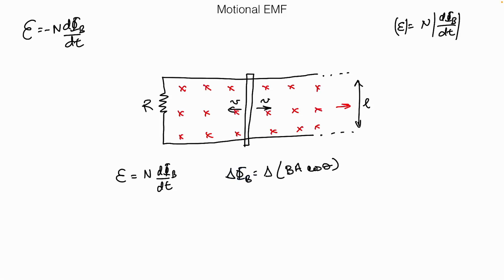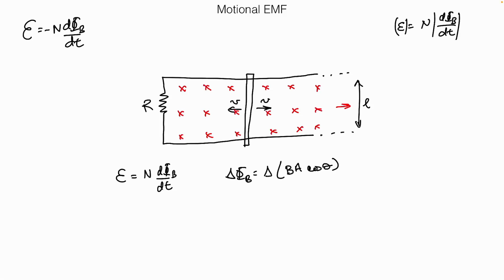So is the field strength changing? No, I'm not turning up the brightness of the x's. I'm not causing more x's to appear, not causing them to go away. So the magnetic field strength isn't changing.